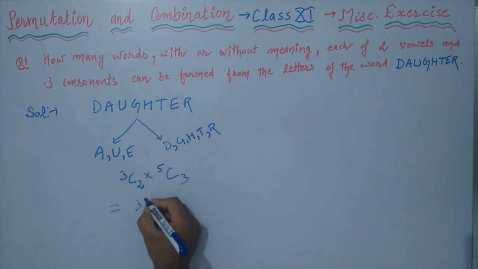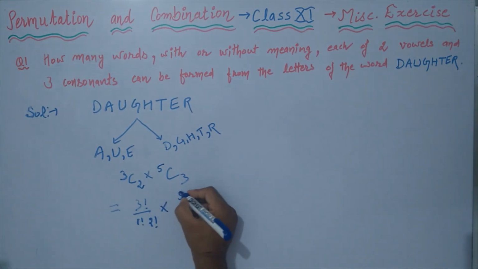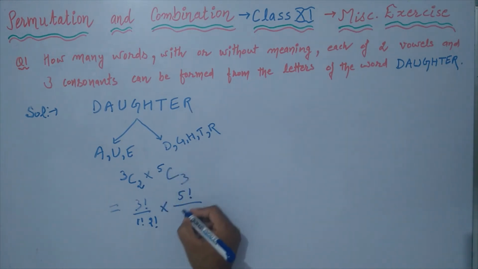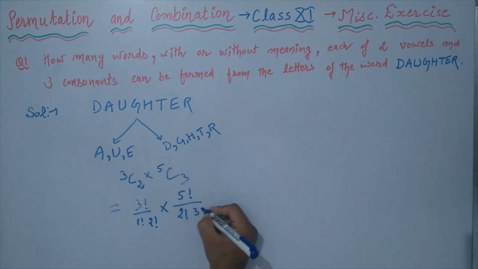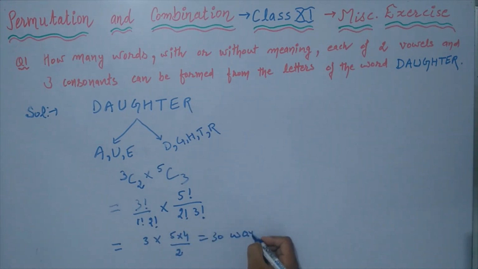This becomes 3 factorial upon 3 minus 1, 1 factorial into 2 factorial into 5 factorial divided by 5 minus 3, 2 factorial into 3 factorial, which becomes 3 into 2 factorial will get cancelled, 5 into 4, 3 factorial cancelled upon 2, which is equal to 2 2s are 4, 5 2s are 10, 10 into 3, 30 ways.